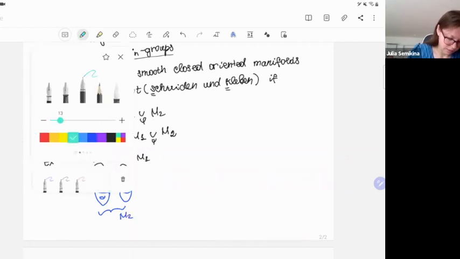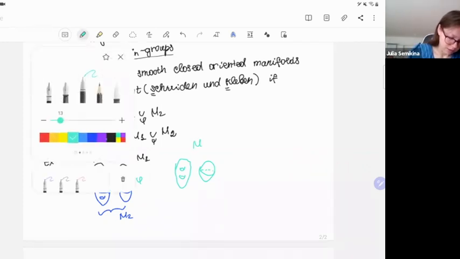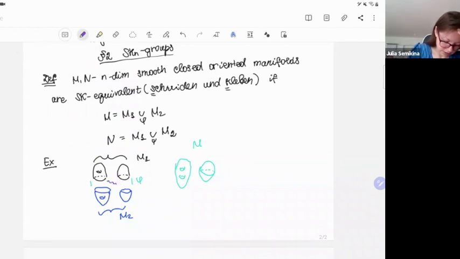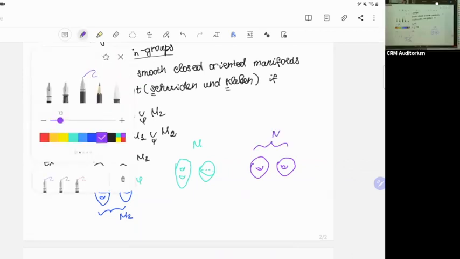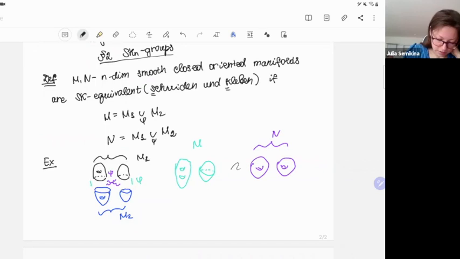And if I glue them like this, so this is my phi, then I will just get a surface of genus 2 and a sphere. So this is my M. But I can glue them in a different way, like this. This is my psi, and then what I will get is just two tori. This is my N. And by definition, they are SKN equivalent.